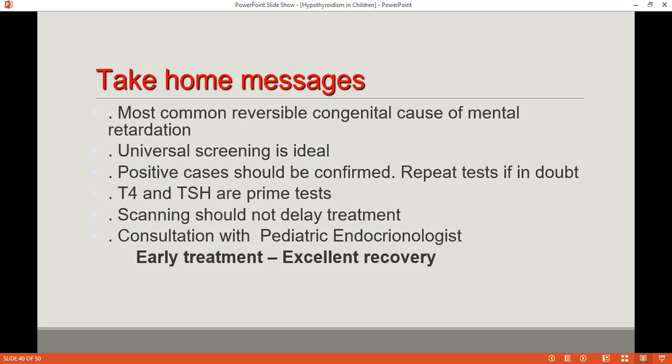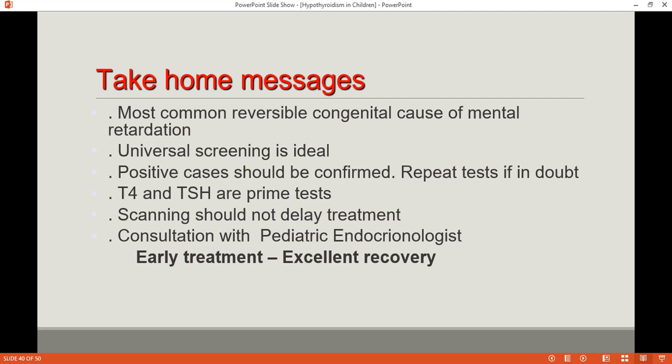and consultation with pediatric endocrinology should be done, because a pediatrician or a general physician cannot treat hypothyroidism in children; it needs pediatric endocrinology. It needs weight, height, monitoring of growth, and monitoring of the thyroid function test. So any such cases should be registered in pediatric endocrinology.